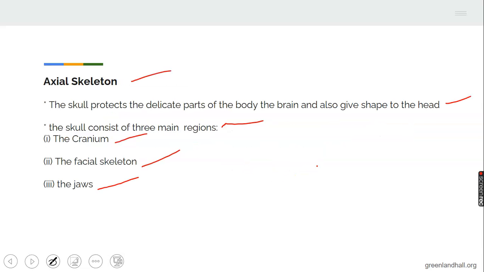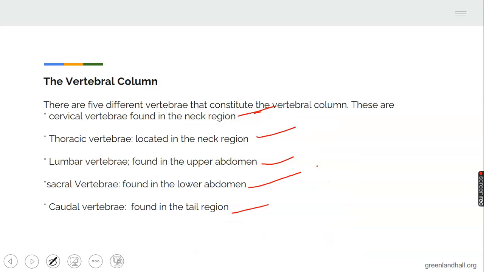The skull is made up of three parts: the cranium, the facial and the jaw. That is the vertebral column. We said it is made up of 5 different bones: the cervical, thoracic, lumbar, sacral, and caudal vertebrae. And their locations are indicated there.